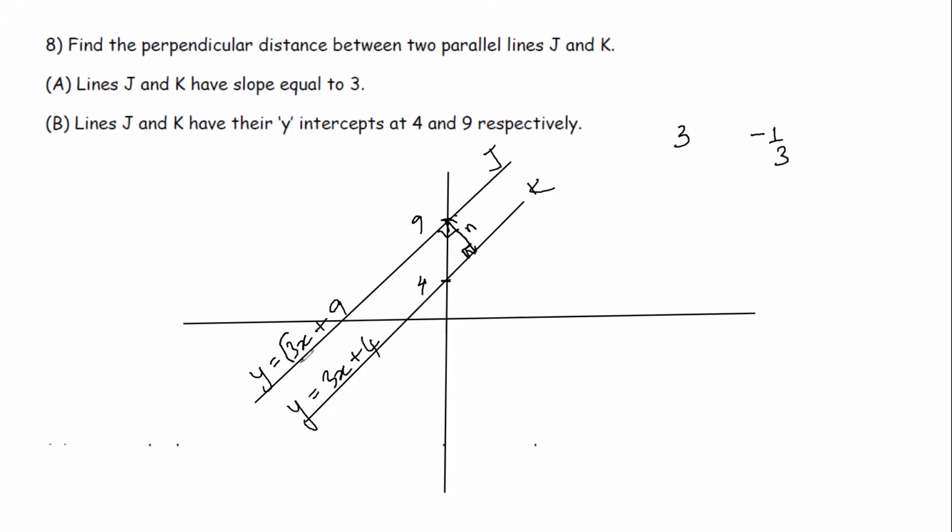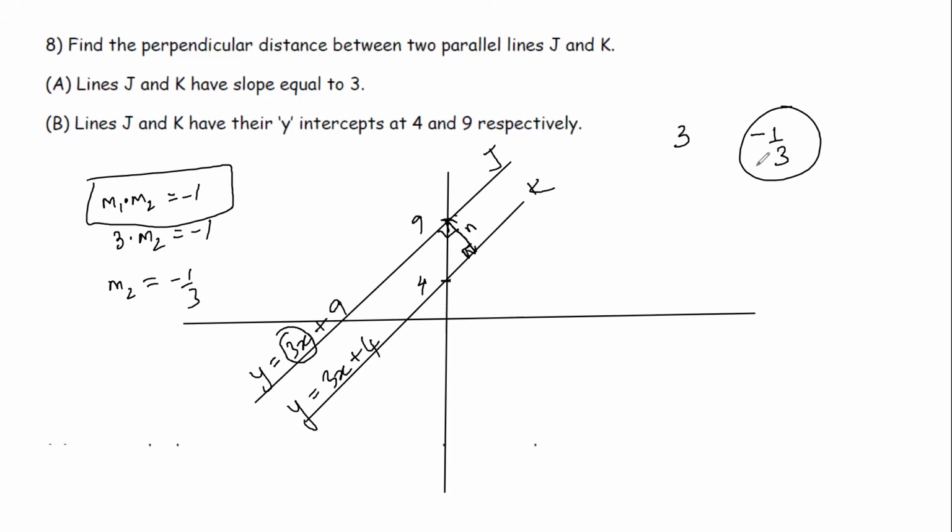It's a rule: the product of the slopes of two perpendicular lines is equal to negative 1. So if I know one slope is 3 and I need to find m2, I simply use this expression and I get m2 equal to negative 1 by 3. So now I know this particular line segment has a slope of negative 1 by 3. So I'll take it as negative 1 by 3x plus 9.